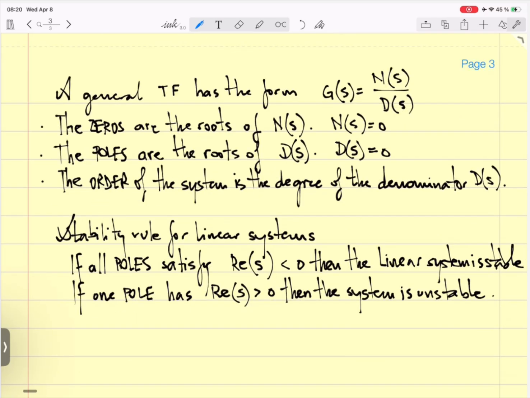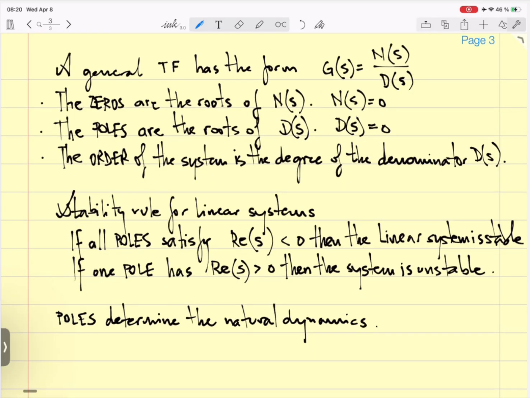So poles determine the natural dynamics, and whenever you describe or design a system, you need to take care of the poles and the zeros, okay? Because this is going to determine its behavior.